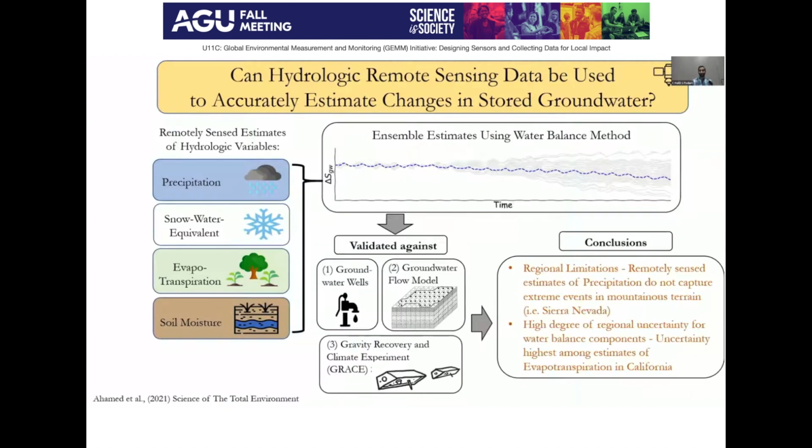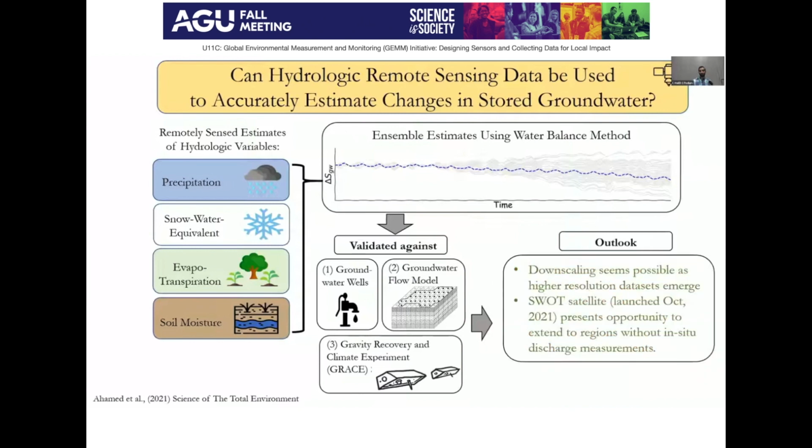These are area averaged estimates as well, so they're not gridded. They can only describe an integrated sum over an area. And we are still trying to tease out the regional limitations as far as where this works really well. We've seen great results for the Central Valley and the Central Valley watershed, but that might not hold in a very different climate or other region. And we have obviously high degrees of uncertainty for certain water balance components.